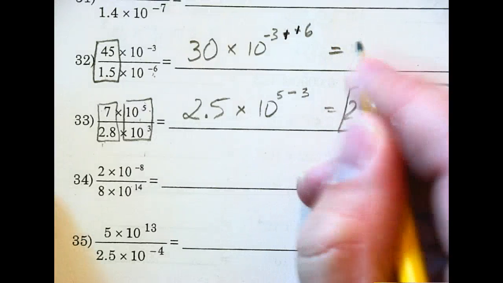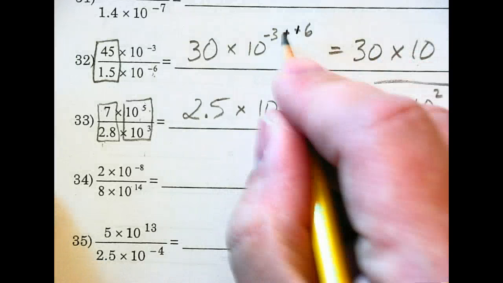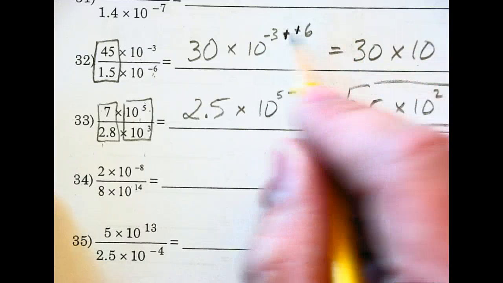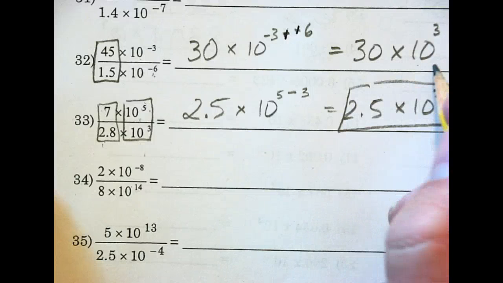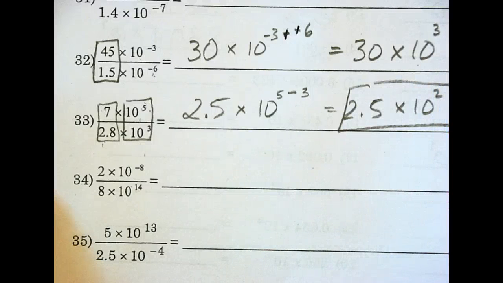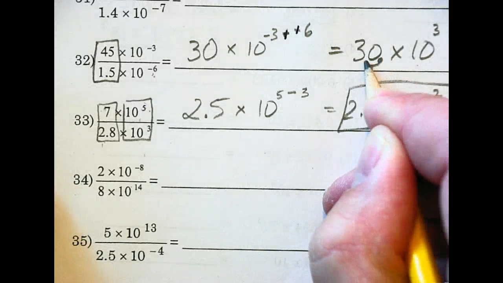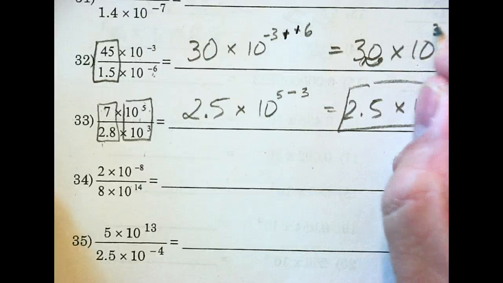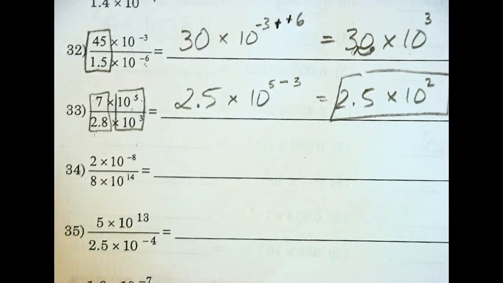Or no, that's not 9. It's 30 times 10 to the negative or positive? Positive. That's positive 3. Okay, are we good? Oh, no. You have to put the decimal and you have to make it less. We got to move the decimal over. Yep, that one got smaller. So that's 3.0 times 10 to the. That one gets smaller, so this one gets bigger.